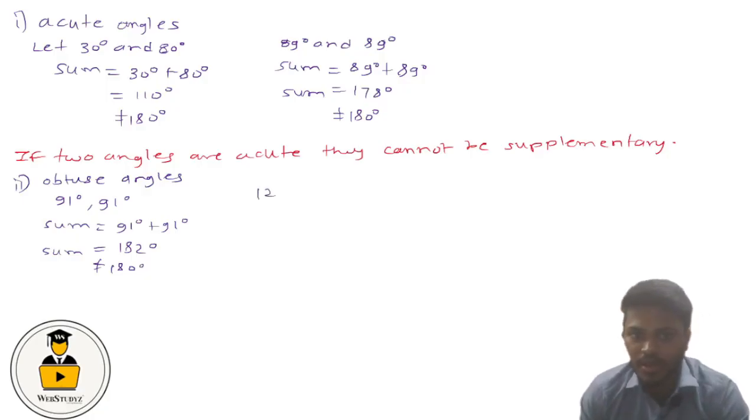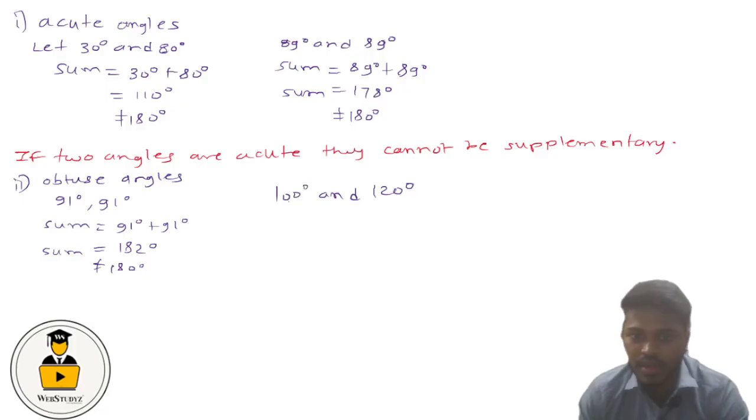Now similarly, let us take one more example. We want both the angles to be obtuse, so they must be greater than 90 degrees.